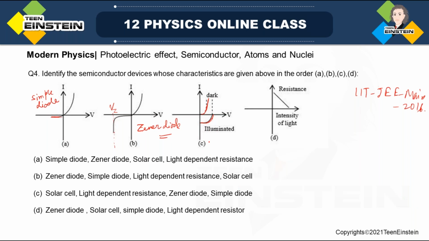So here, some current is called dark current. This word dark current comes only for solar cell. Whatever you have read in your NCERT textbook, you'll see dark current is mentioned only for solar cell. So solar cell output is actually composed of two currents.